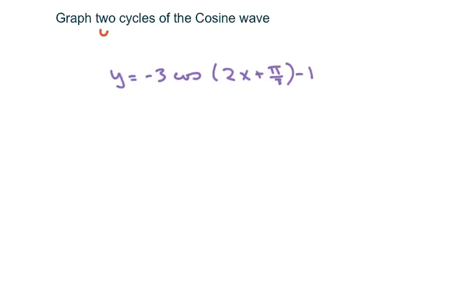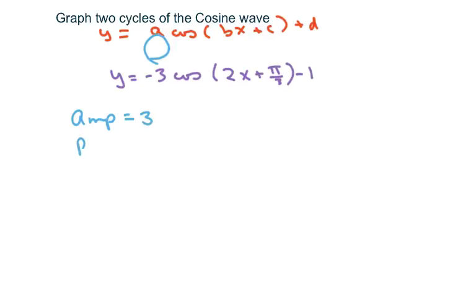I know that this follows the form y equals a cosine of bx plus c plus d. So basically your amplitude is your 3.